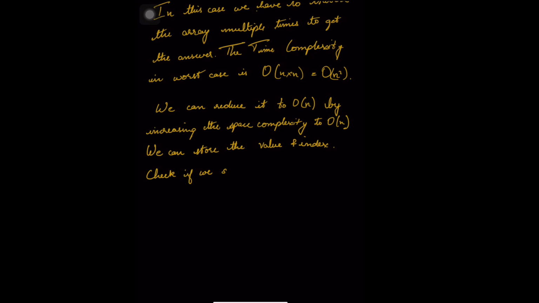So what we'll do is we'll store the key and value in a map and check if we have the element that we need in the map. If we have the element that we need, we can go right ahead and return the result.